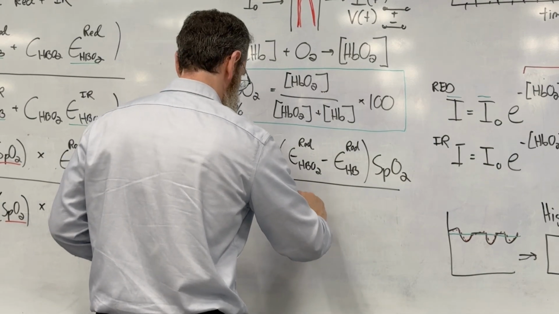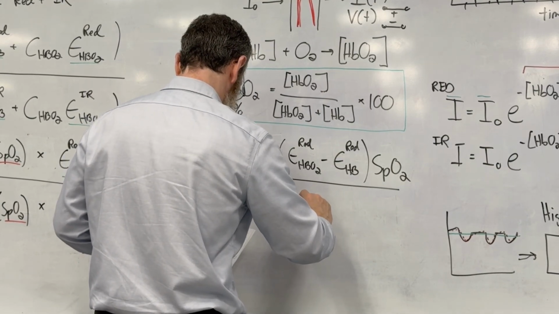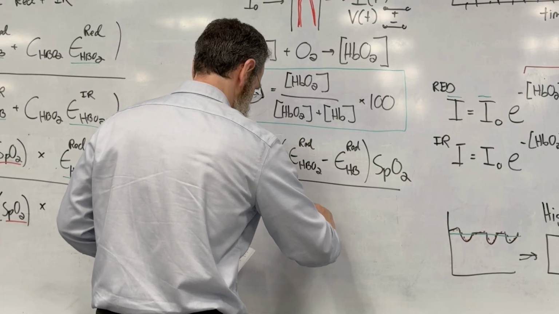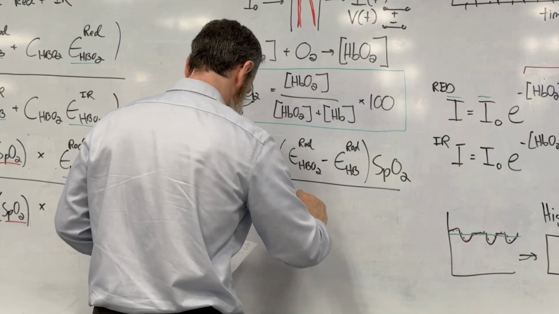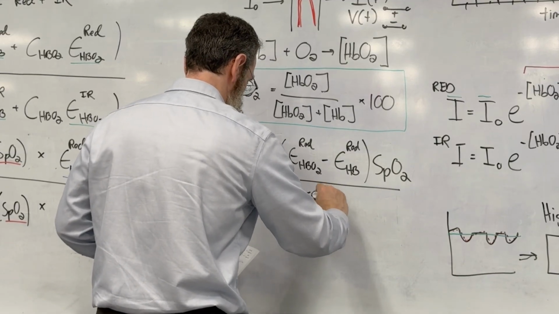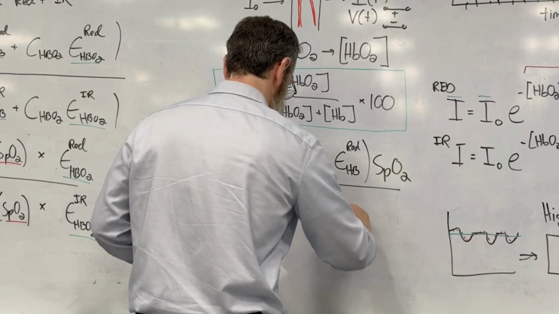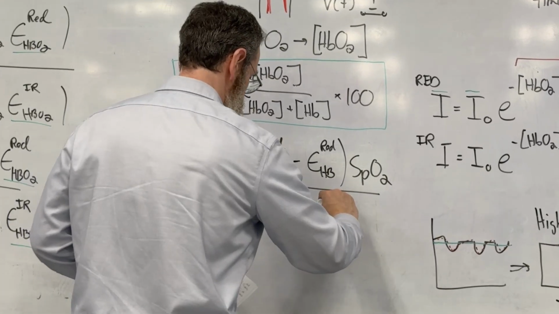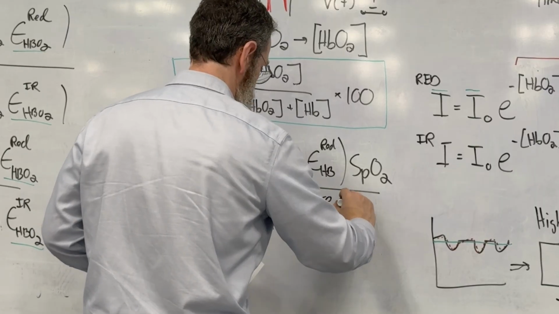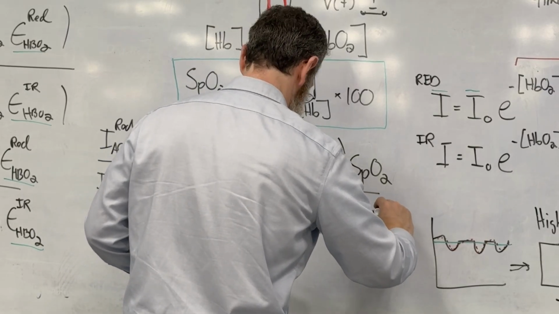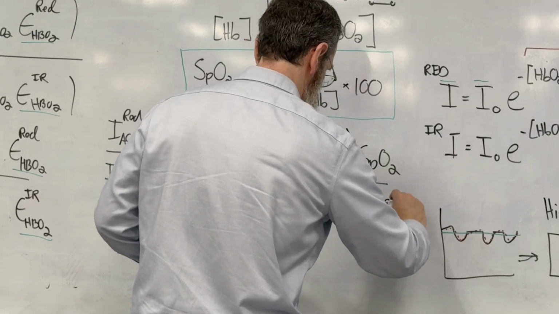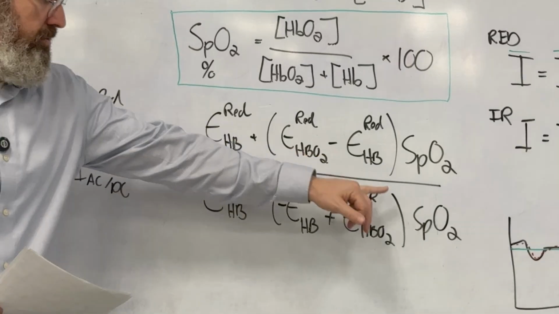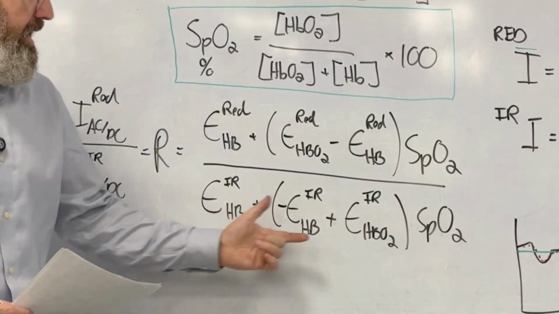This is going to be negative deoxyhemoglobin at infrared plus the extinction coefficient of oxyhemoglobin at infrared times SpO2. All right, this is just pulling out the SpO2 and giving you the extinction.